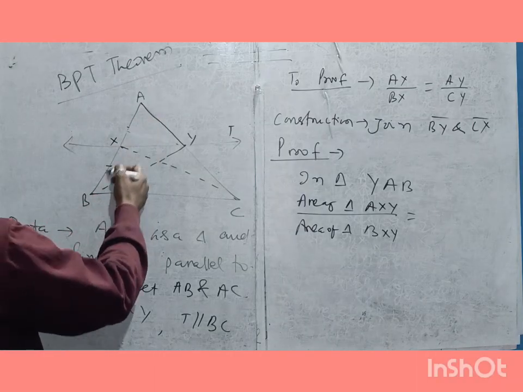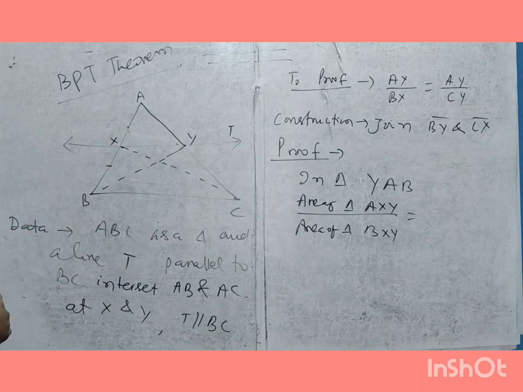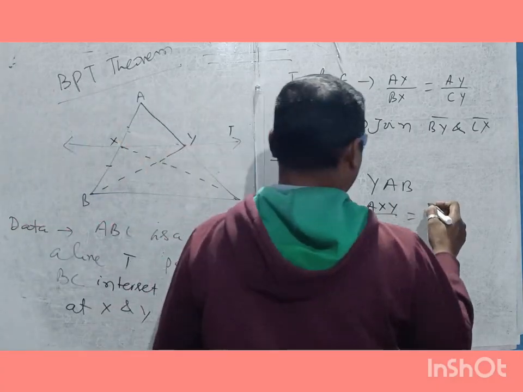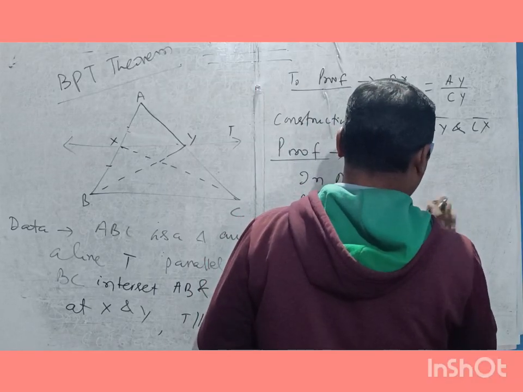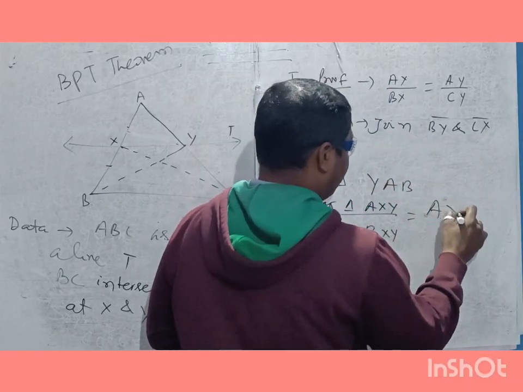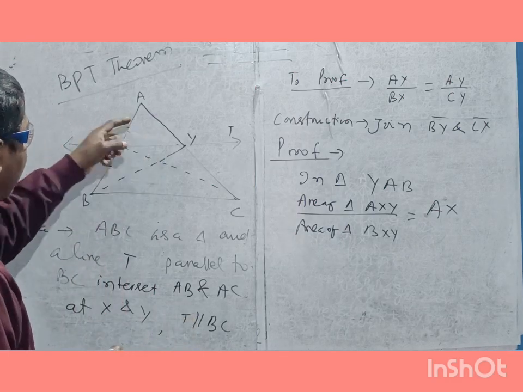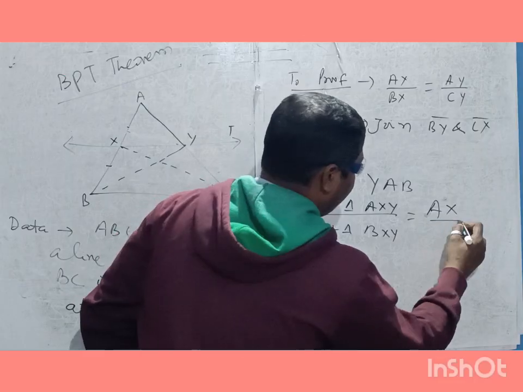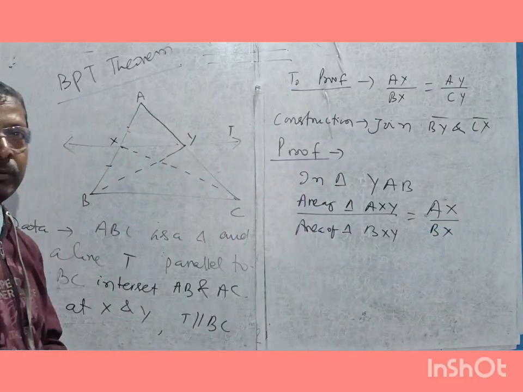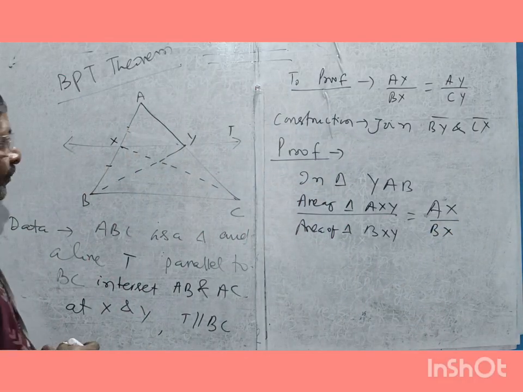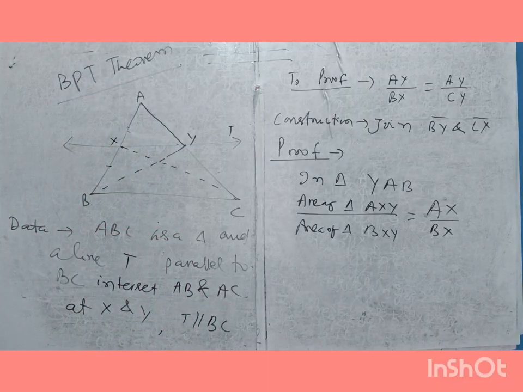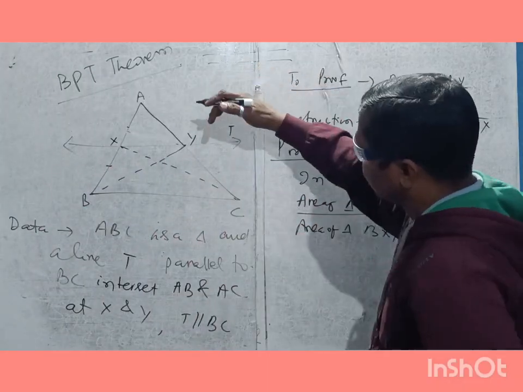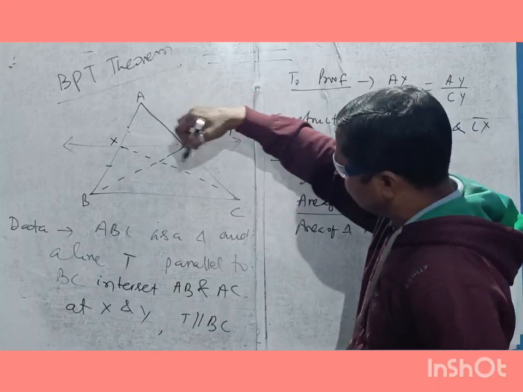Having the same base and same height, it will be the ratio of their corresponding bases. The base of AXY is AX and the base of BXY is BX. AX by BX. Could you follow up to this? Okay, let's proceed. Now see from this side, the triangle AXC.